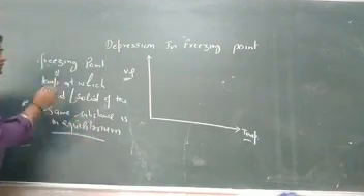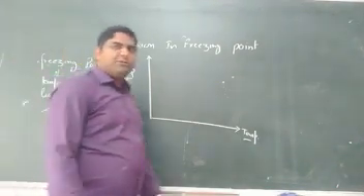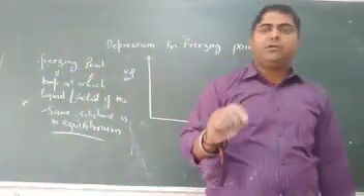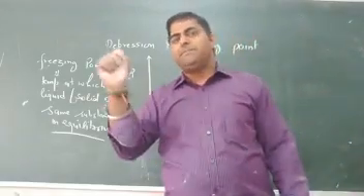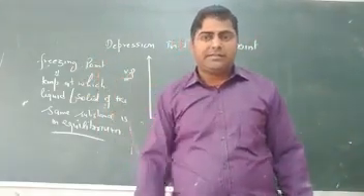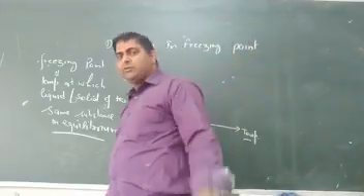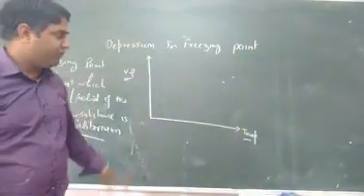So this is the definition of freezing point. We must keep in mind that freezing point is the temperature at which the solid and the liquid of the same substance coexist or are in equilibrium.